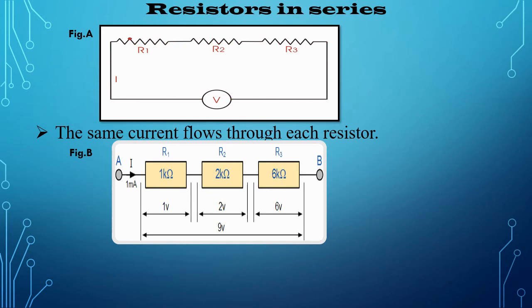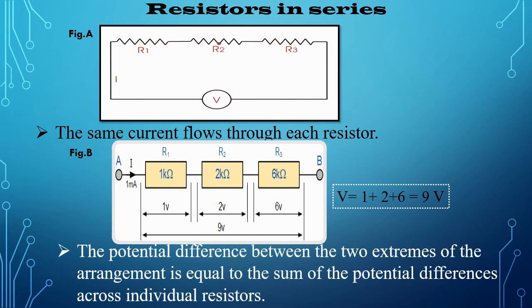Therefore, the total potential difference between the points A and B is 1 plus 2 plus 6 is equal to 9 volt. Therefore, we can conclude that in series combination of resistors, the potential difference between the two extremes of the arrangement is equal to the sum of the potential differences across individual resistors.